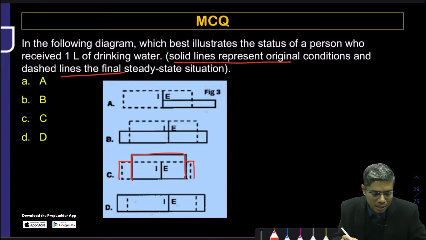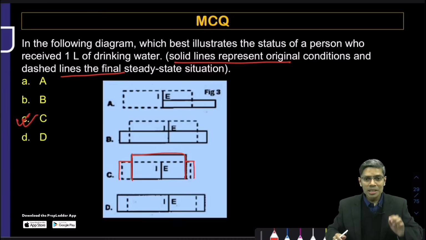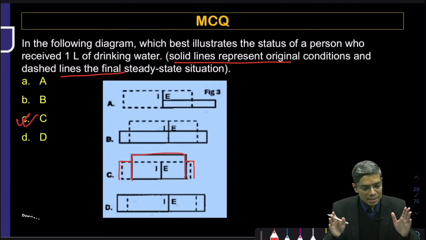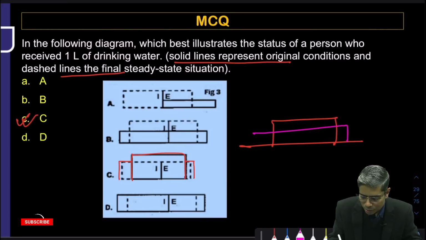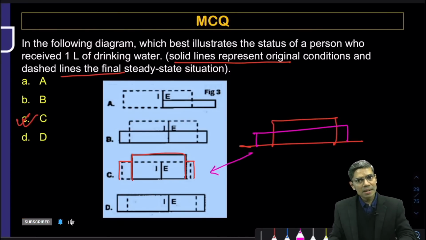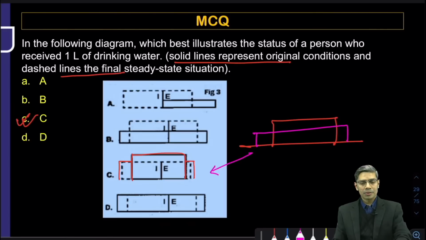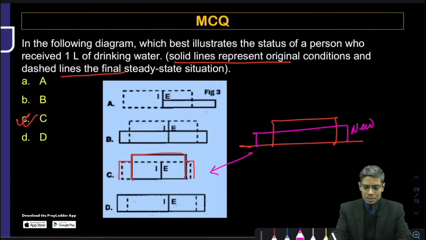So obviously the answer is going to be C. Not B, in B you have confused the solid and broken lines. The solid line indicates the steady state condition, so the steady state condition is this, and the new condition will look like this. So this is best in C. That's why the answer is C here. This is the new condition, this is the original condition.